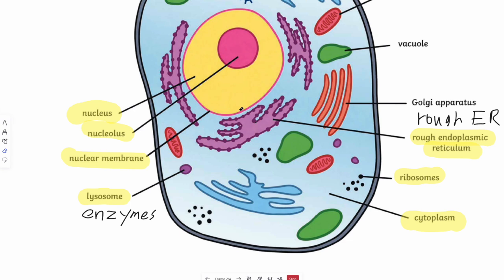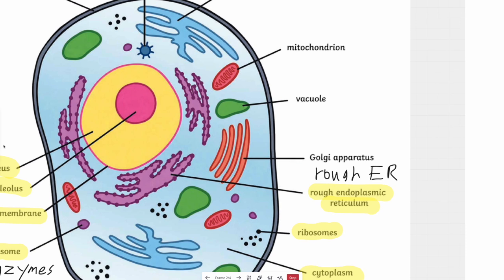Now, the rough ER is very important because proteins are very, very important to us. After the proteins are made, they ride in these capsules and go to the Golgi apparatus. So let's highlight this Golgi apparatus. What is this Golgi apparatus? It sounds complicated, right?